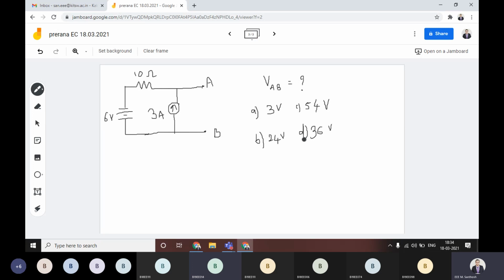Okay. You will be getting current as 0.6. That means 0.6 one current source and 10 ohm and 3 amperes. Right? Yes, sir.